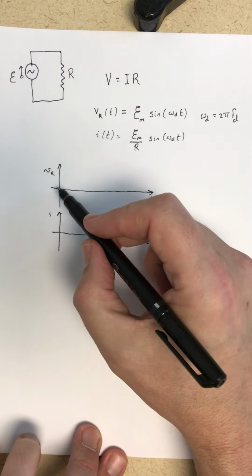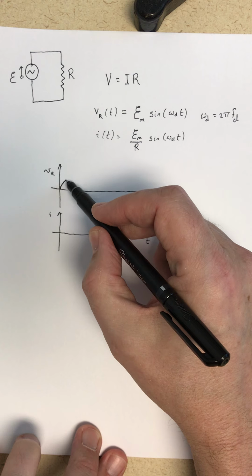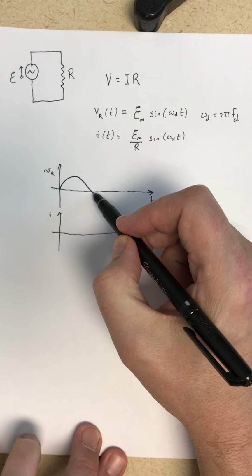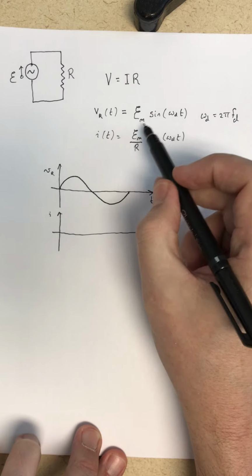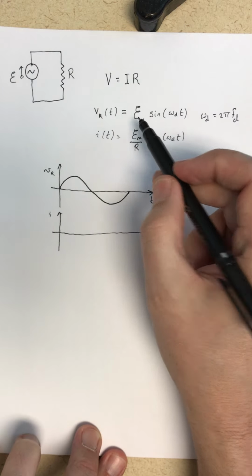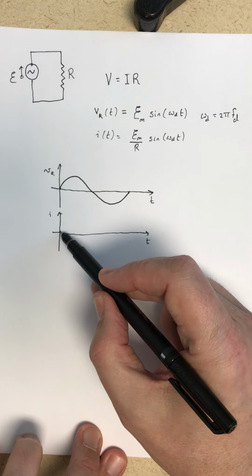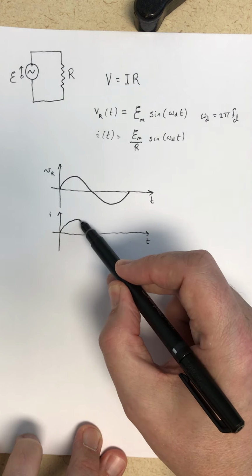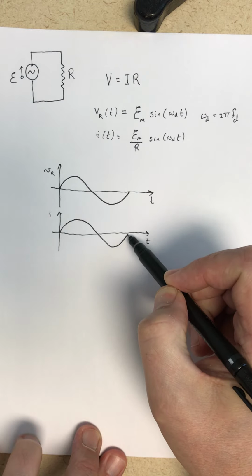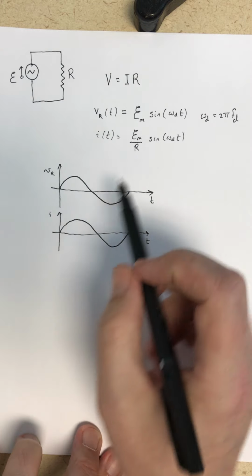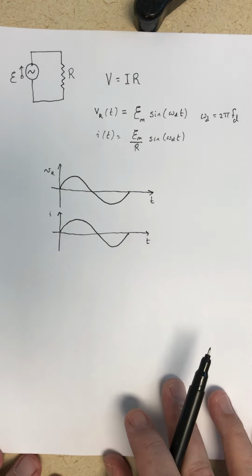So we pick this to be a sine wave, so it starts at 0 when t is equal to 0, and we just have a sine wave with an amplitude of the EMF, and the current is also just a sine wave, where this amplitude is going to be the amplitude of the EMF divided by the resistance.